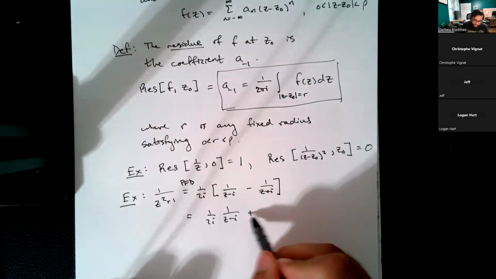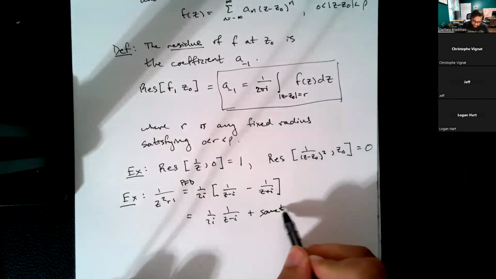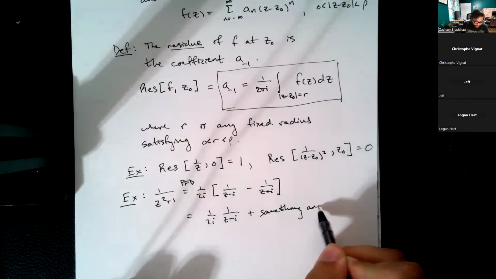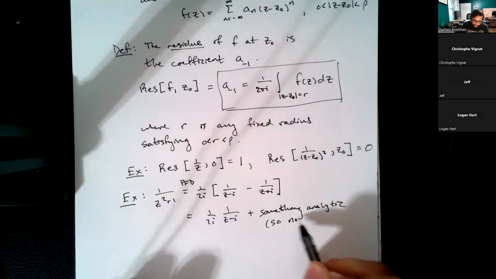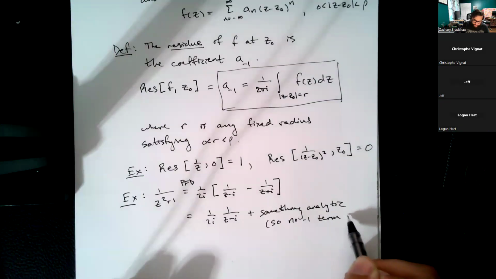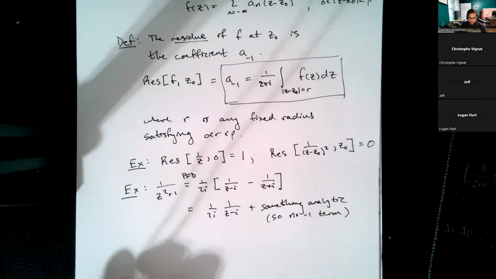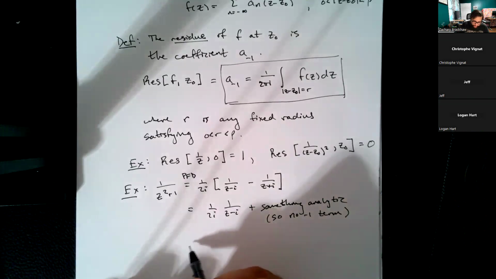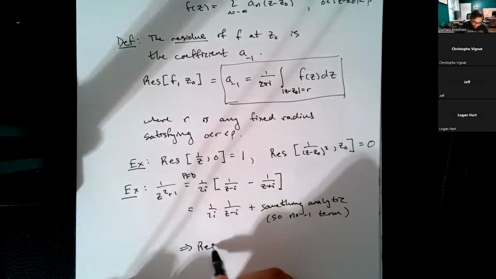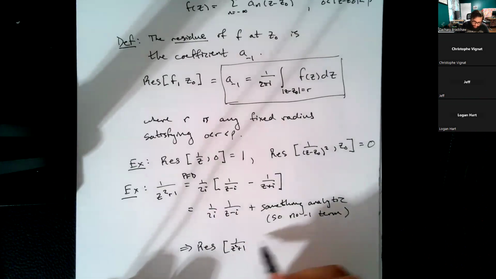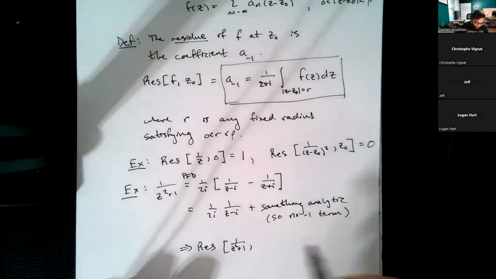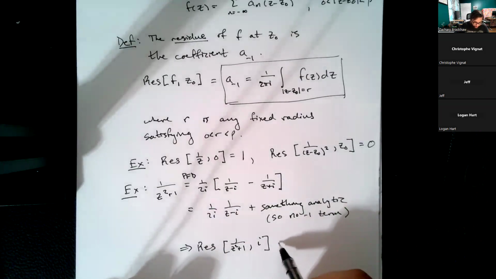So I'm just going to write plus something analytic. What does that mean? There's no minus 1 term here. So that tells me that the residue of 1 over z squared plus 1 at i, where my singularity is, is 1 over 2i.